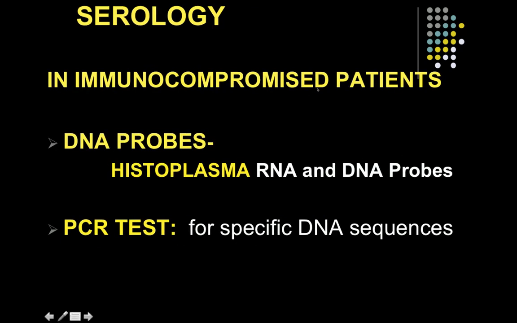In immunocompromised patients, like patients with AIDS, DNA probes can also be used, and both RNA and DNA probes are used for detection of Histoplasma. We can also perform PCR tests for specific DNA sequences, but this is a very tedious test, so it is normally not done in the laboratories.